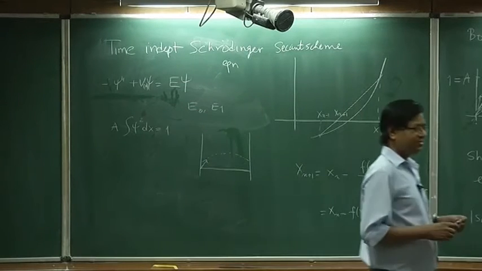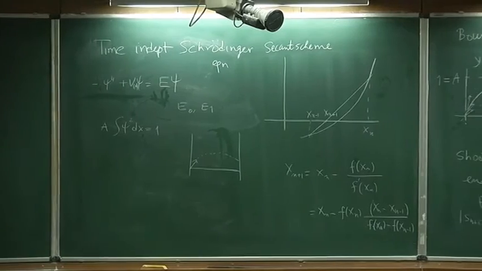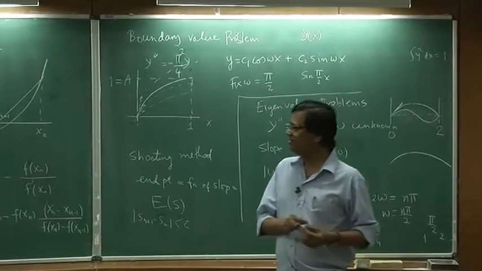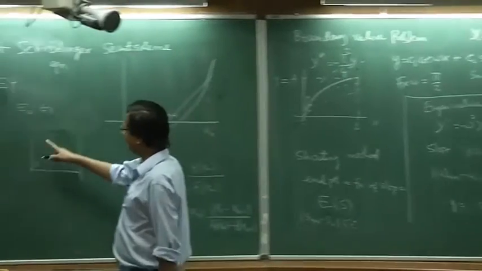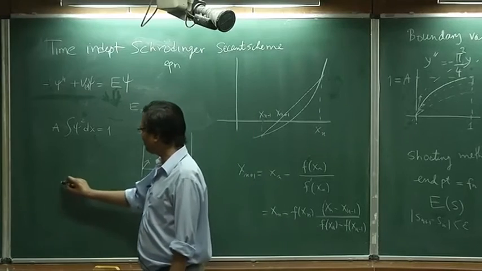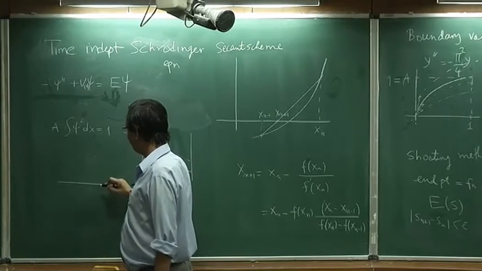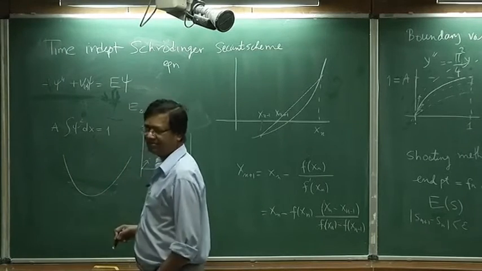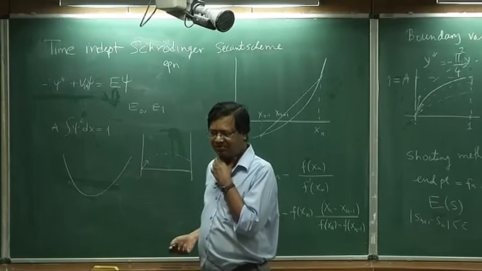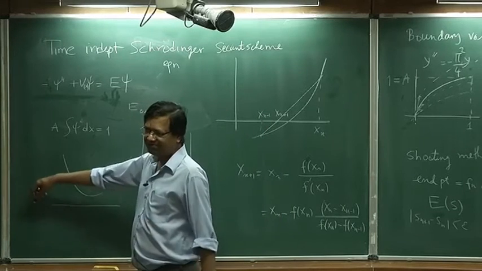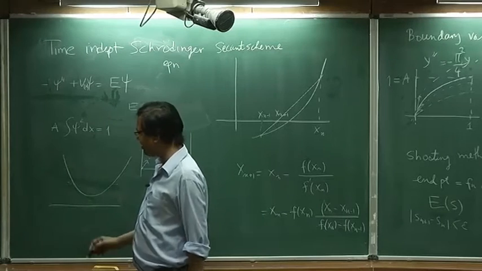Okay. Now, some of you are trying to solve the infinite well, but I may not have a nice wall, you know. So suppose I want to solve for an oscillator potential, then I will start with minus infinity, but in the computer I can't have minus infinity.